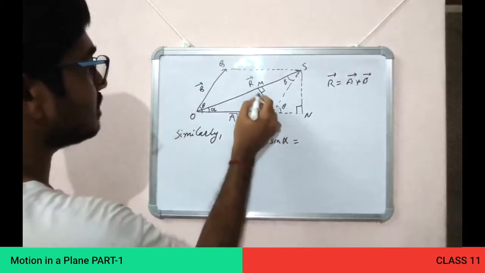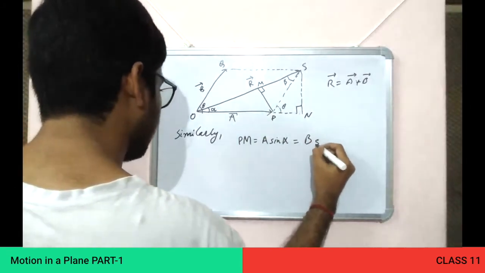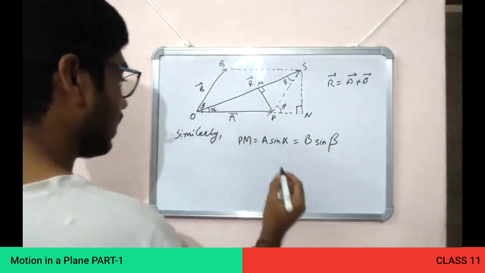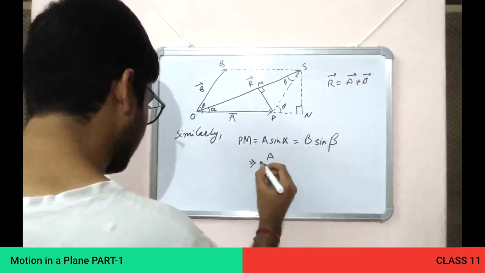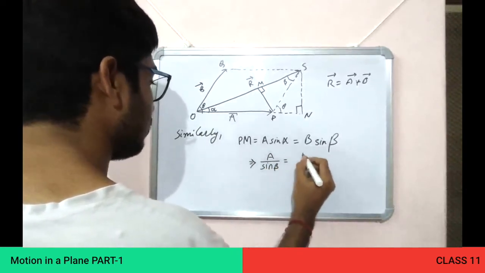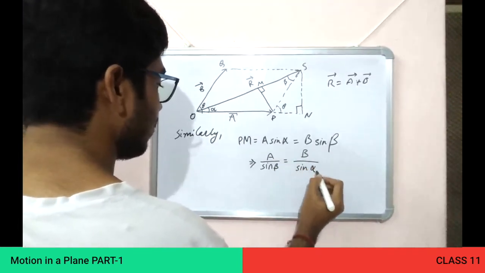Pm, that is this line, is equal to B sin beta, and from this we will get A by sin beta is equal to B by sin alpha.